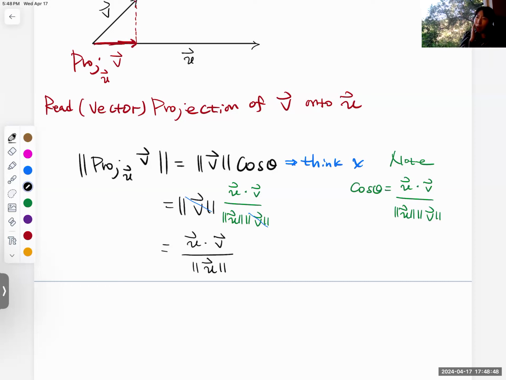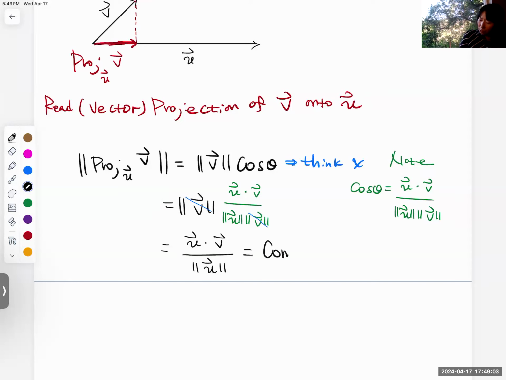So we call this the component of v in the direction of u. Oh, too long, right? Okay, let me write down the symbol first.